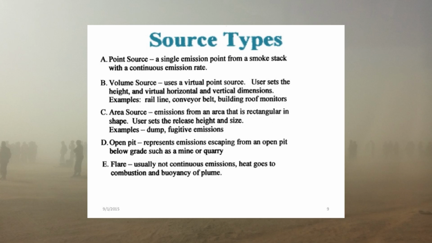And it is also used to predict the area source and also the open pit emissions from a mine or quarry, and also from flaring stations, like any kind of flaring stations where there is combustion of an incinerator or LPG or waste to gas flaring, like that.